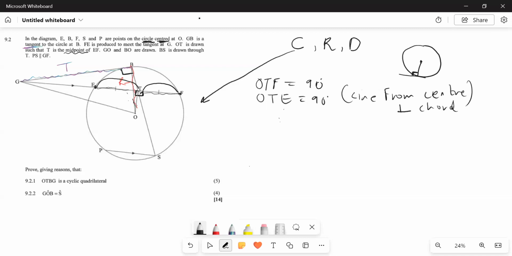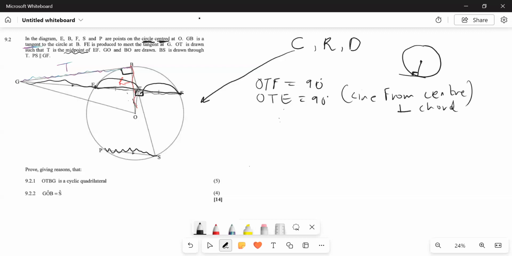Now let's continue, guys. GO and BO are drawn. BS is drawn through T. PS is parallel to GF. So now here's our PS. They said PS is parallel to GF, right?